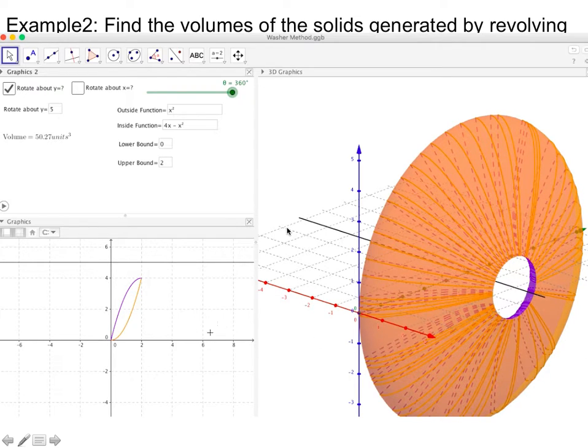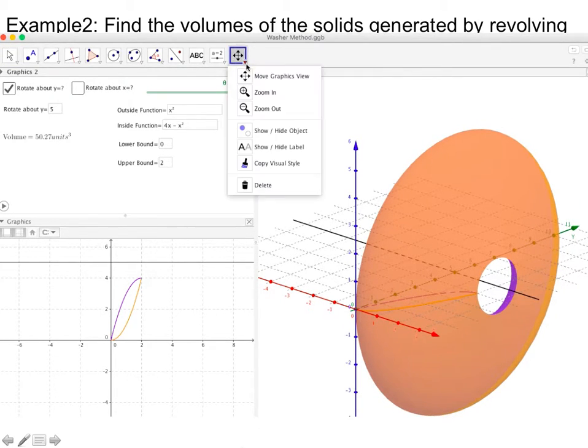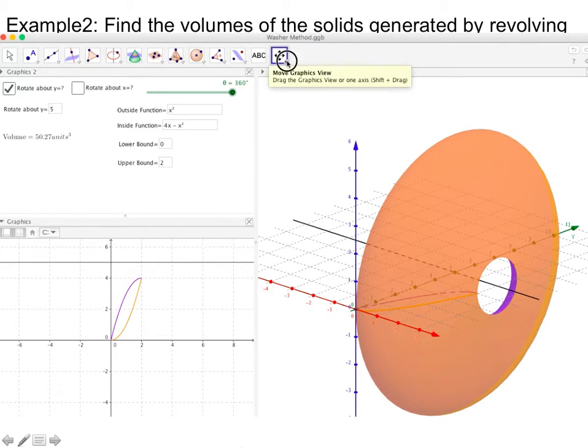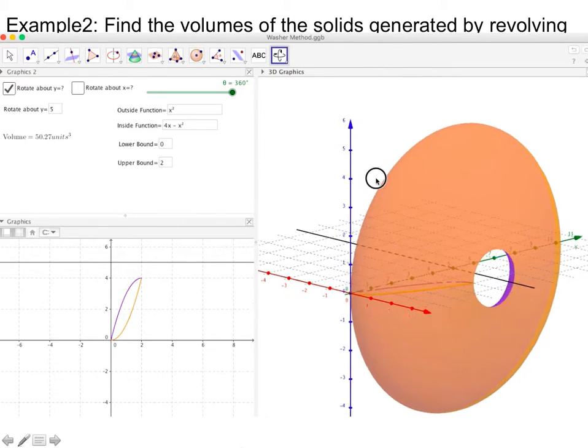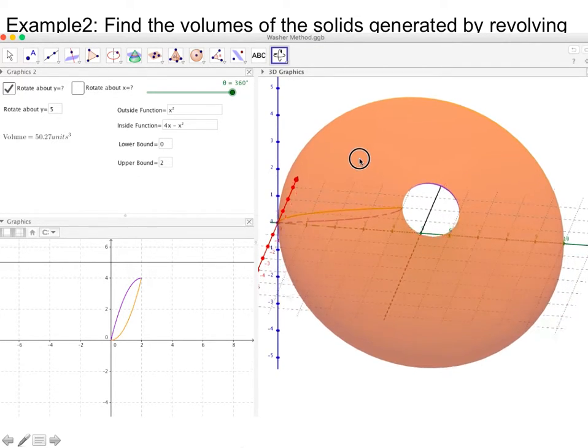You notice the orange outside has this curved shape, and this purple inside actually has the same curved shape. So as we revolve around, we can see this from the front. That's that curved parabolic shape.